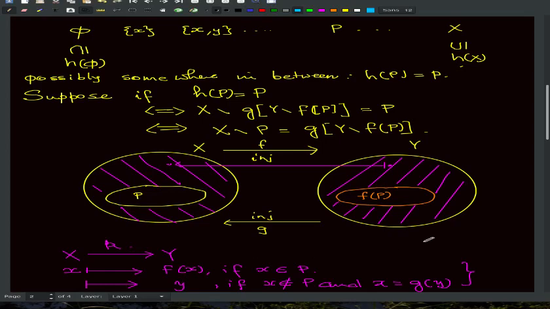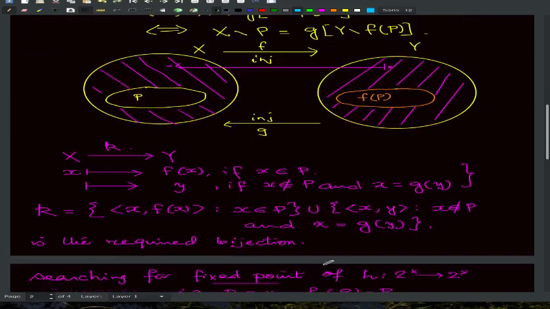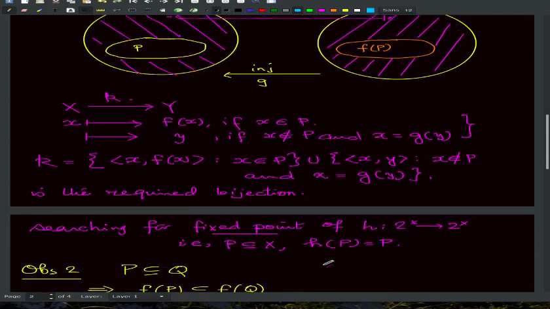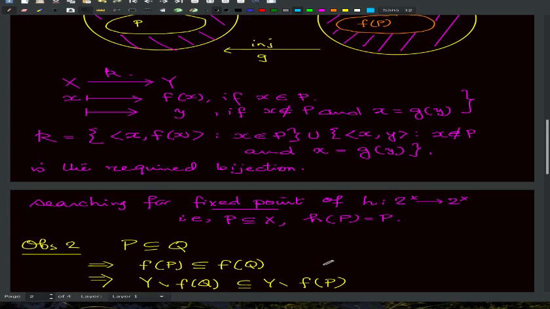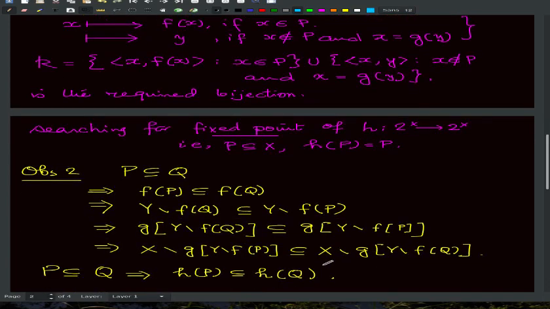That is what you want. You want this equality also. If it were equal, then you can produce this bijection. So now you have to search for this fixed point, and that's where we start.